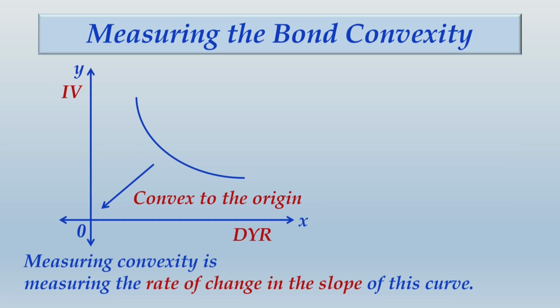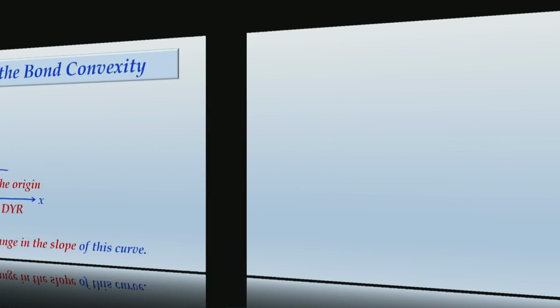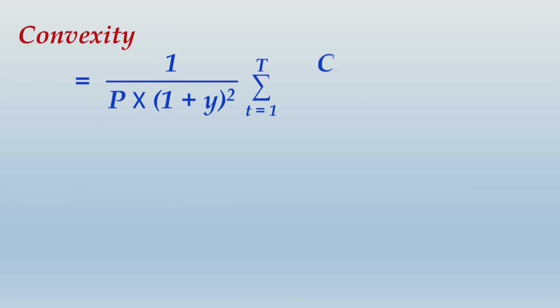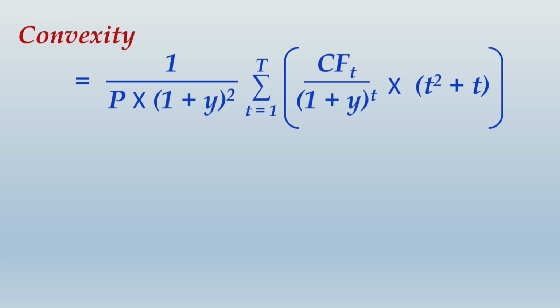Now, when we talk about the measurement of bond convexity, let me show you the convexity formula. By appearance, it may seem a little complicated, but don't worry, it is not as complicated as it appears. So how do we measure this bond convexity? Let me first give you an idea. It is 1 divided by P into (1 plus Y) the whole square. Y indicates the desired yield rate.